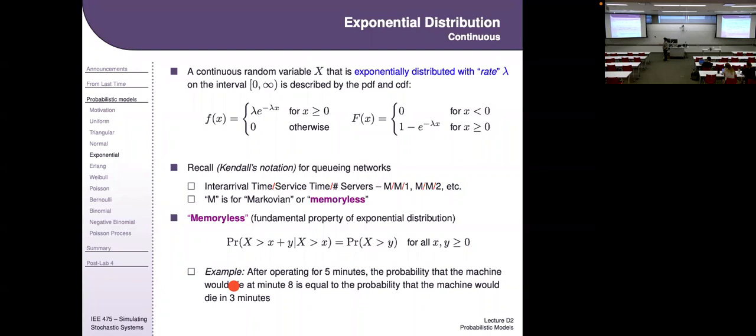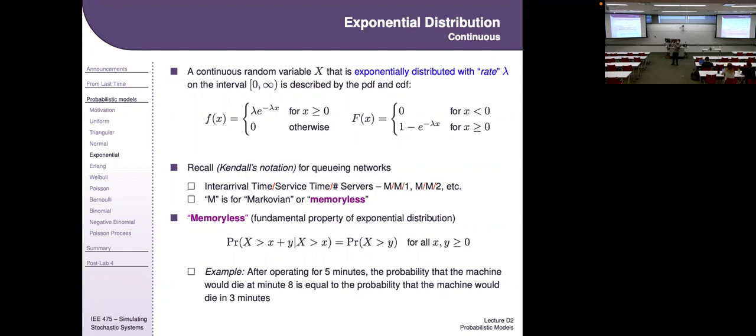In words, if I've already operated for 5 minutes, the probability the machine will die at 8 is equal to the probability that the machine will die at 3. So you don't get anything out of knowing how long you've waited for a failure.